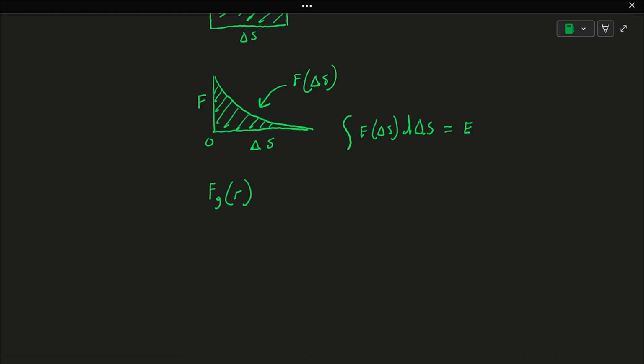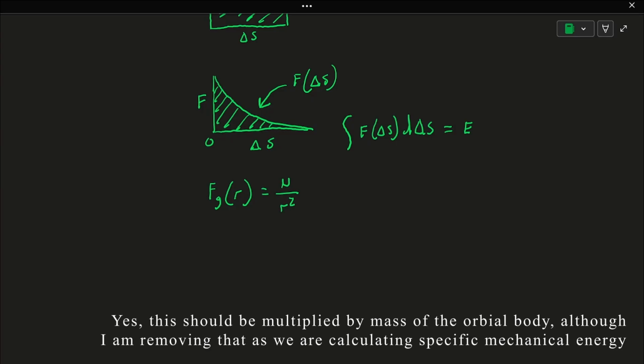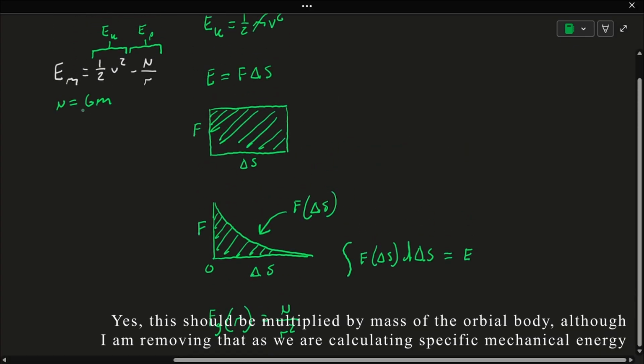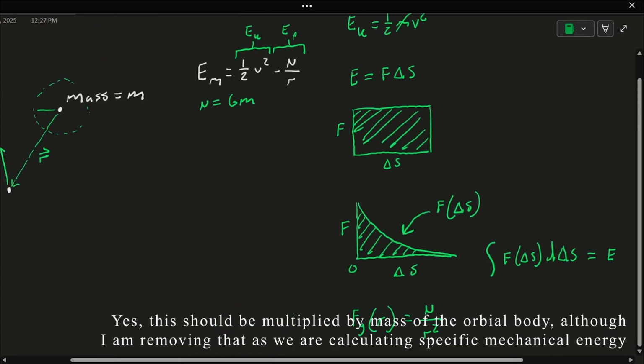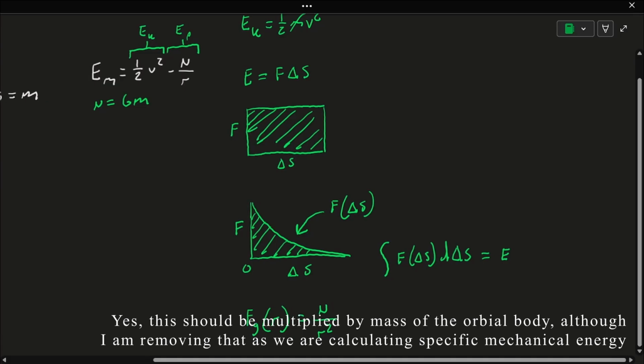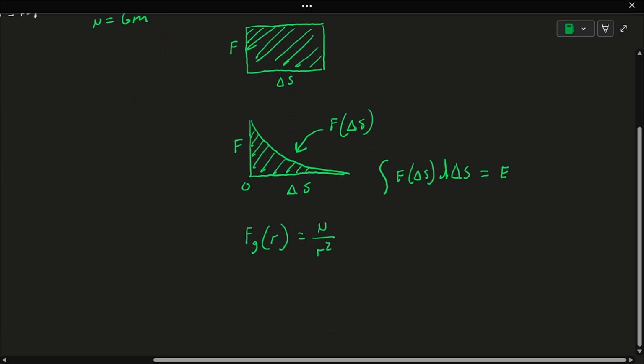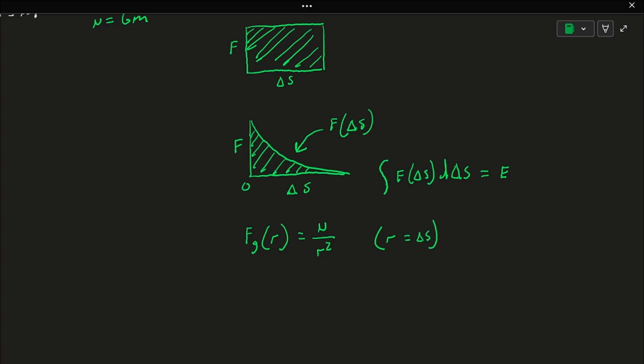So we can calculate our force of gravity equal to mu divided by r squared. And remember our definition of mu up here is our gravitational constant multiplied by our attracting mass. And here I'll write a little note off to the side that r equals delta s. They're the same thing.